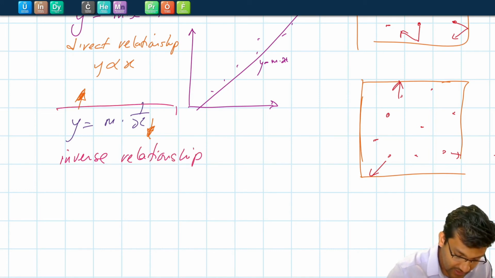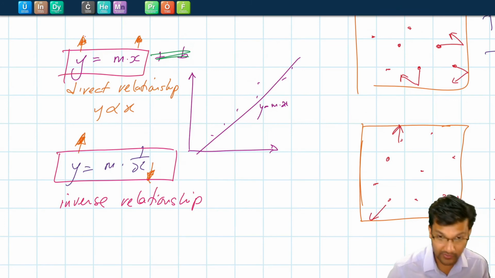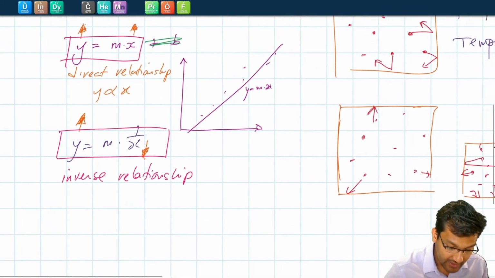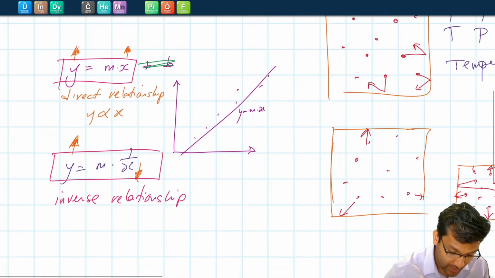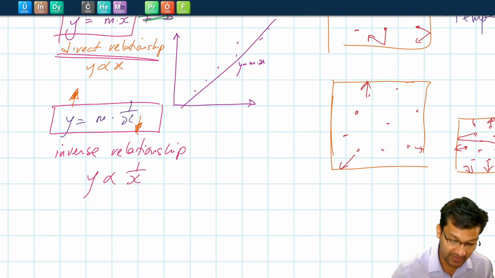So these are the two types of relationship we're going to explore in this week's lab. Just to keep this in mind, if y is proportional to x, you have a direct relationship. And if you have an inverse relationship, it means that y is proportional to 1 over x. Or as y goes up, x goes down, and vice versa.